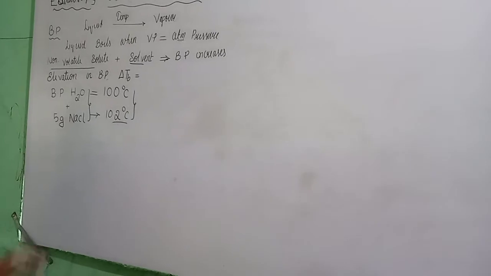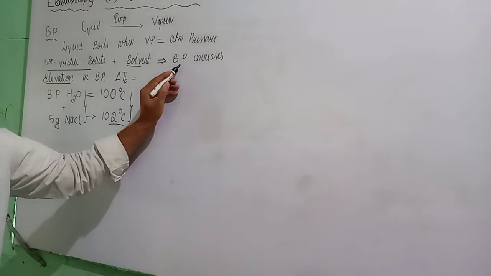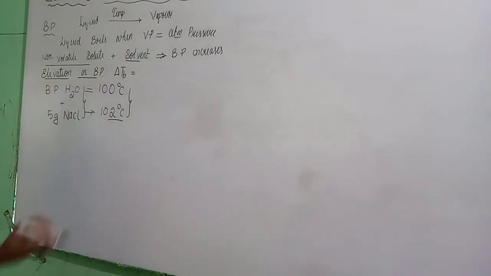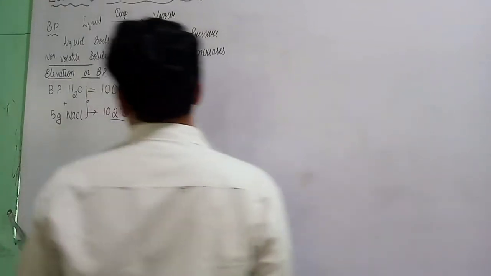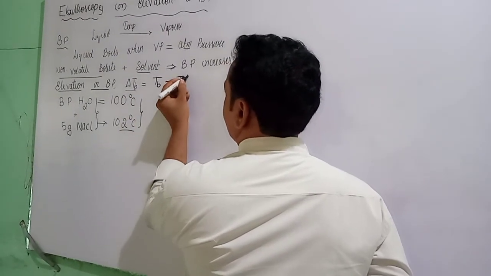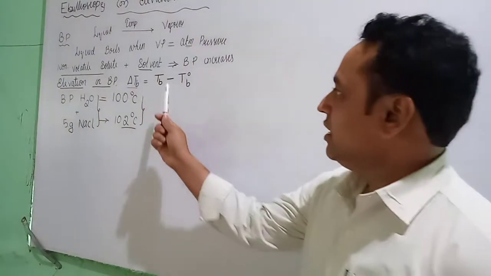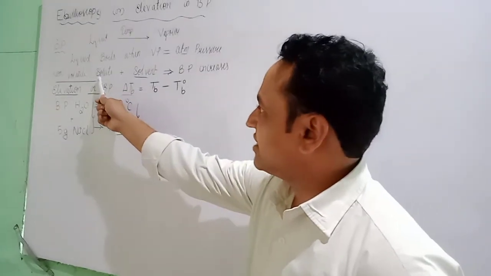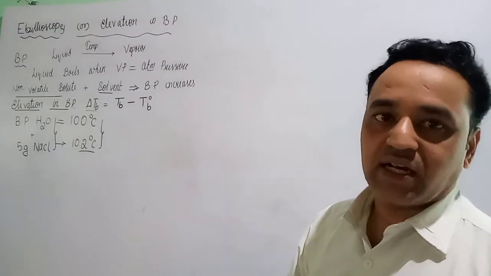That elevation in the boiling point, how much the boiling point has increased, is called elevation in boiling point, represented by delta TB, and it can be calculated with the formula TB minus T naught B. Here TB is the boiling point of the solution after adding non-volatile solute, and T naught B is the boiling point of pure water or pure solvent.